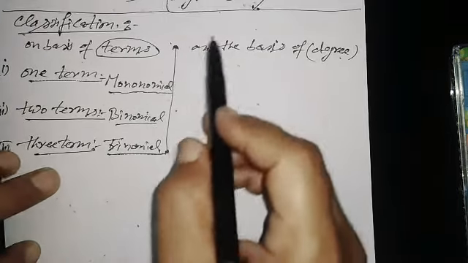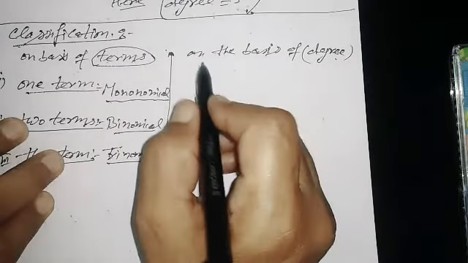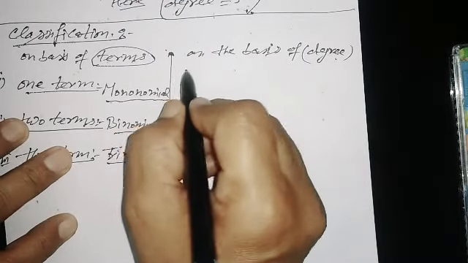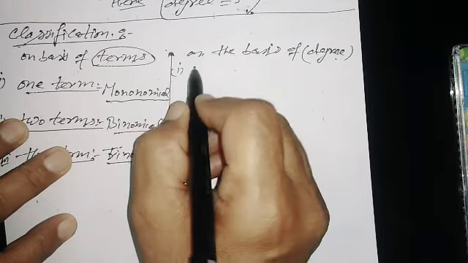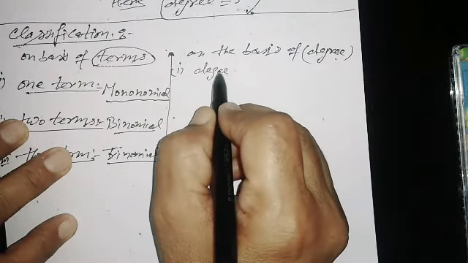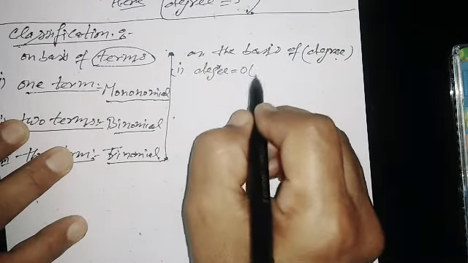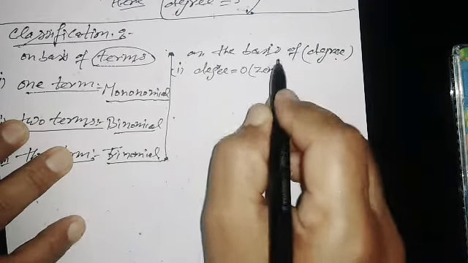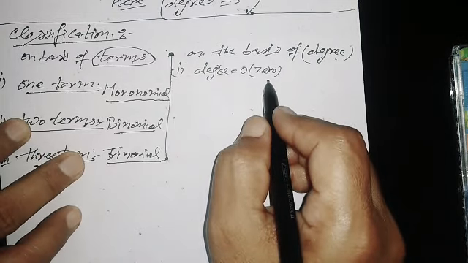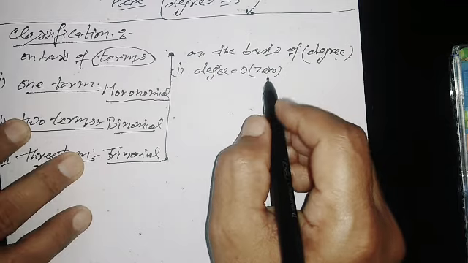And on the base of degrees, first you can say if it has degree 0. This is called constant polynomial.